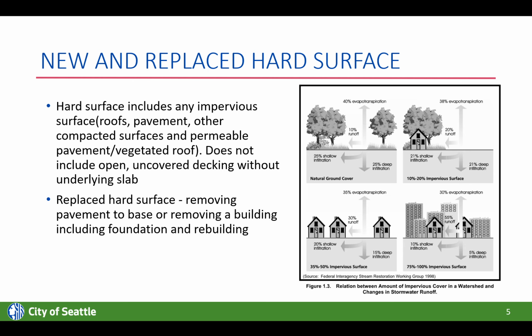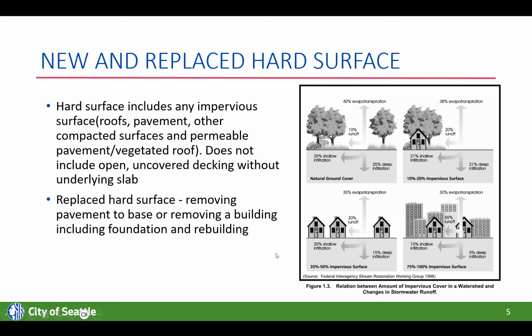So if you remove the foundation all the way to the roof of a building and then install new foundation and a new roof, that is considered replaced hard surface. If you're just replacing the roof or adding a second story to an existing building, that would not be considered replaced hard surface and not be considered towards the thresholds for requirements for the stormwater code.